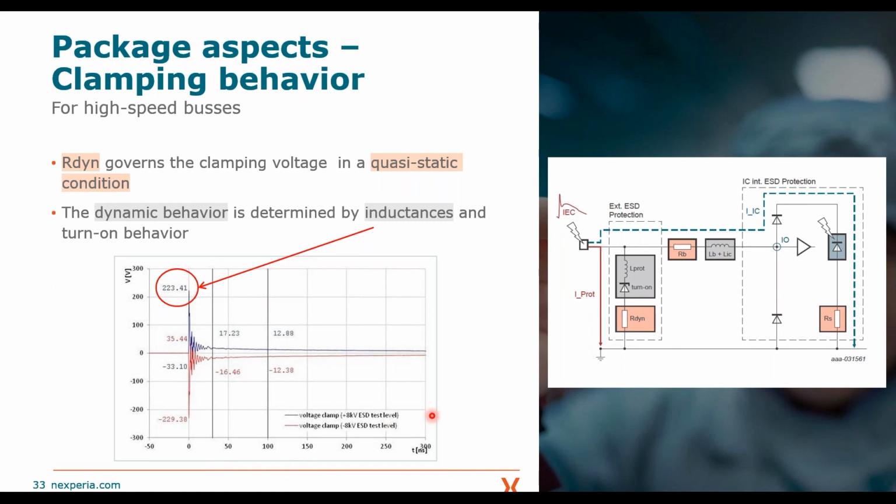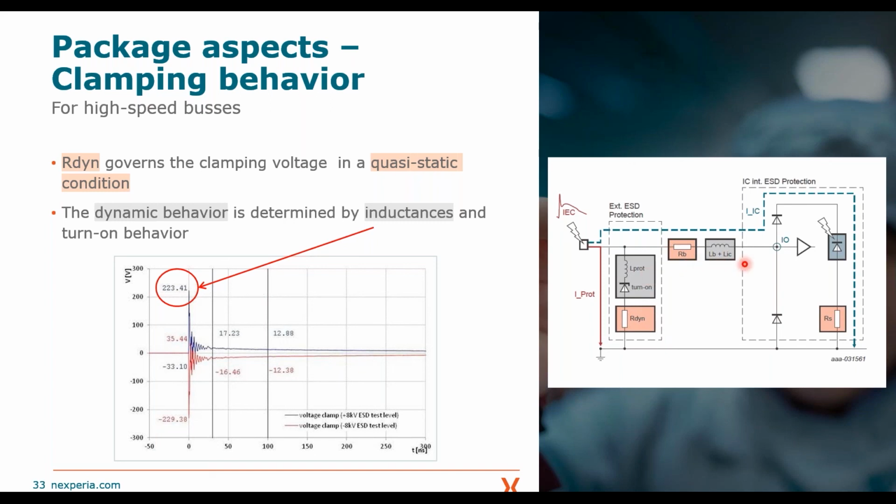And when we look at the right side, the schematic, the block diagram, our ESD protection is basically containing this ESD functionality, this turn-off behavior itself, but it can also be characterized by this dynamic resistance we also talked about last time, but it also has this parasitic inductance here.